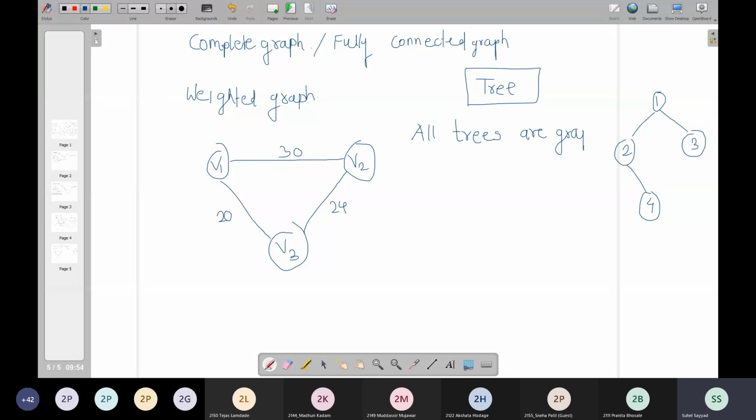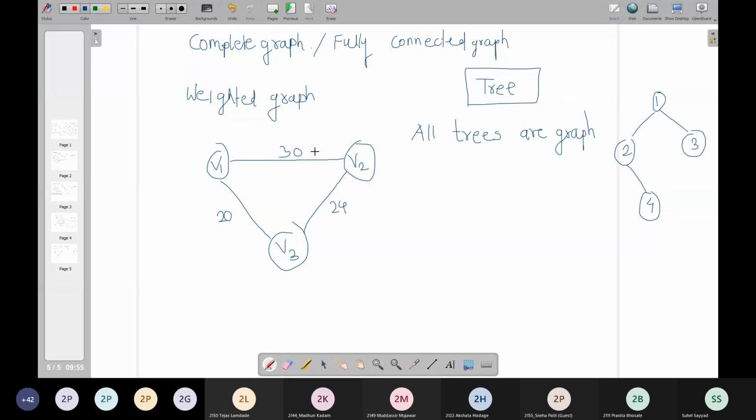But whether all graphs are trees? No. Whether I can call this graph as tree? No, I cannot call this graph as tree because tree has to be in the level format. And I cannot connect two vertices in the same level, and there cannot be a cycle also. Here you can see there is a cycle. When I taught you tree, I told you that in tree there is no cycle, and there is a format in which the vertex can be connected to each other, in the leveled format only.